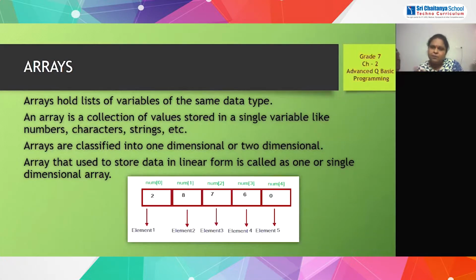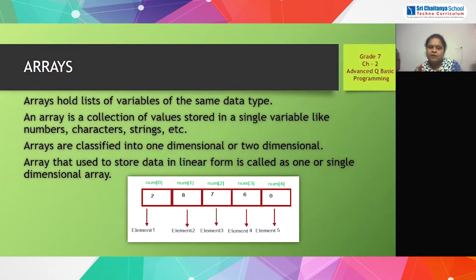For example, if I tell you to read the ages of 20 students, then you have to use 20 variables in the input statement to read the data, right? So instead of that, we have arrays. Arrays will hold a list of variables of the same data type.